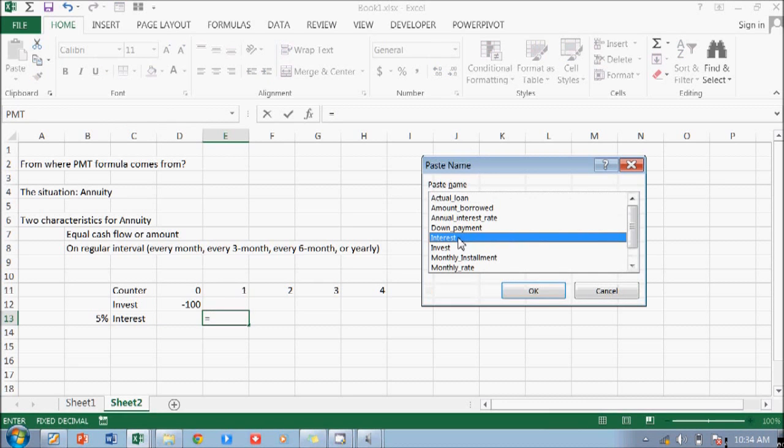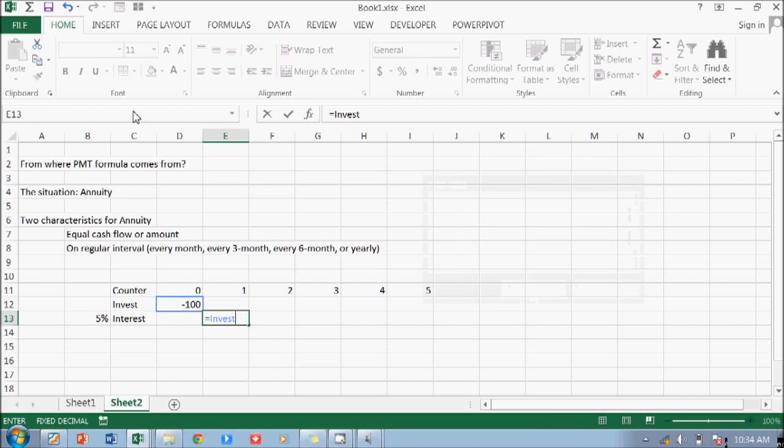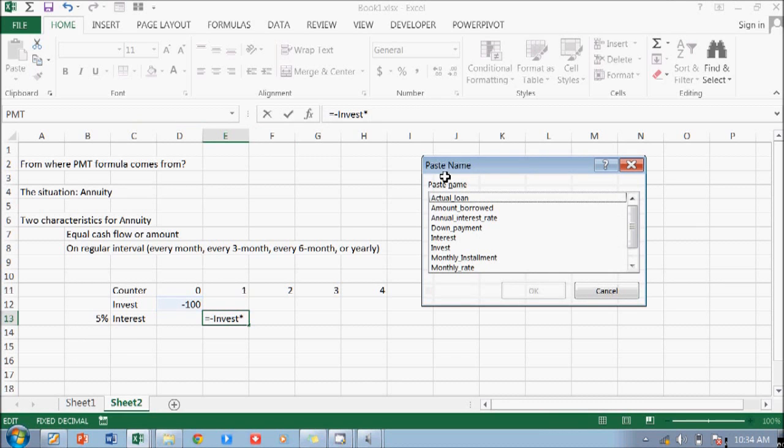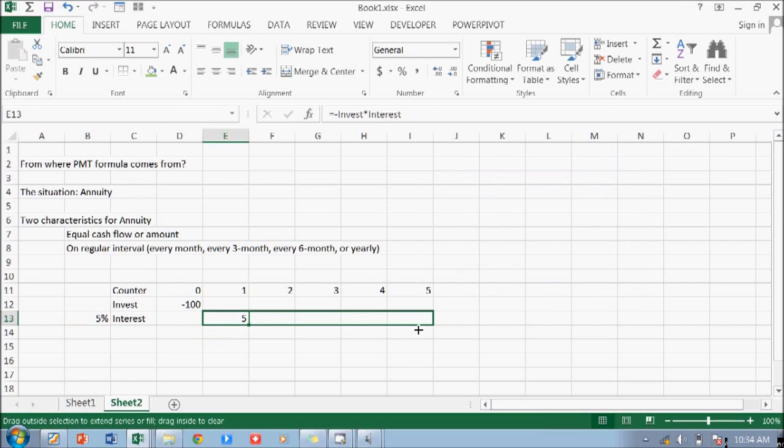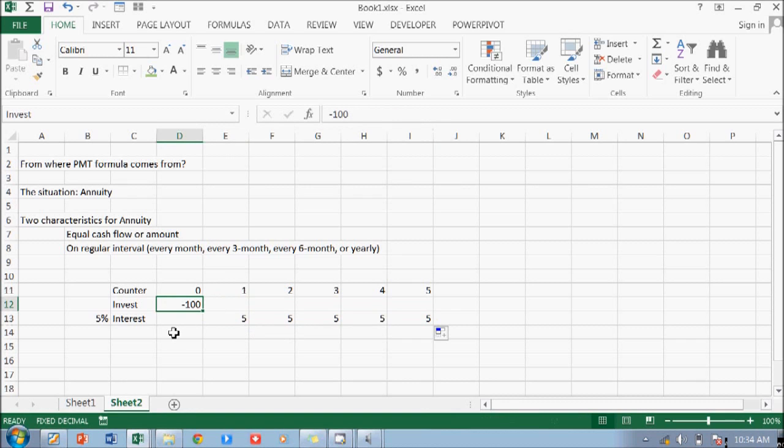You get your interest here times your invest. What I'm doing here is just put minus here, and then you times interest. You just put F3 and then go to interest. Okay, done, and then you just drag it along. So you get 5.